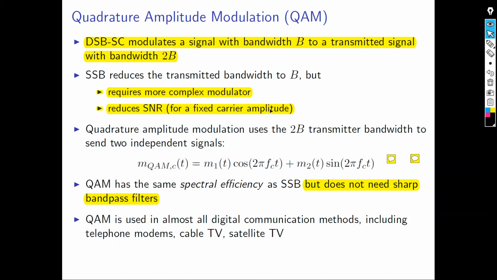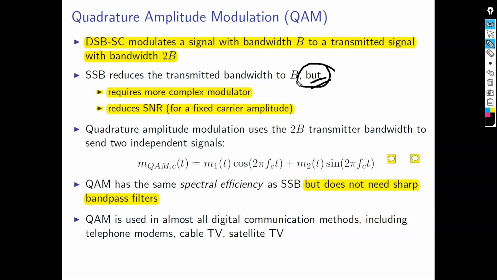So double sideband suppressed carrier modulates a signal with bandwidth B to a transmitted signal with bandwidth 2B. Yes, we know this. And single sideband modulation reduces the transmitted bandwidth to B. But what's the problem?